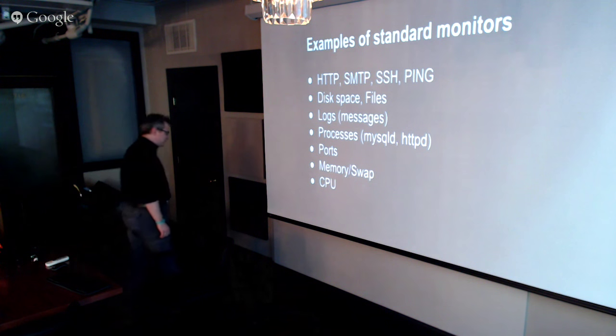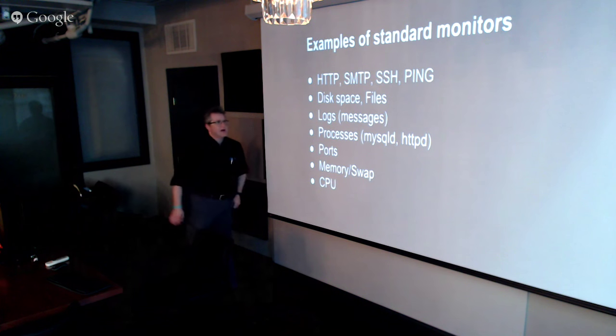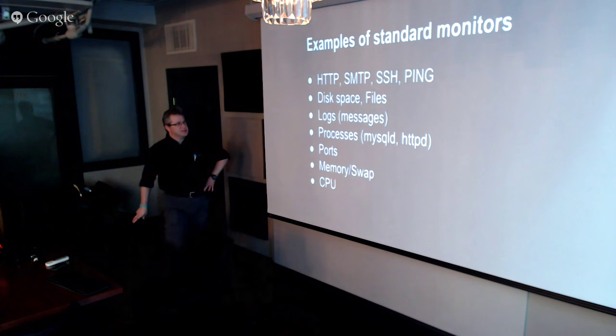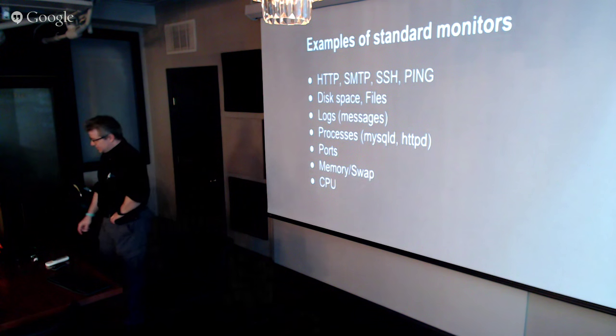Here are some examples of the items that come built in, essentially: HTTP, SMTP, SSH, monitor disk and files, logs, processes, ports, memory and swap, and CPU. That's just for starters.